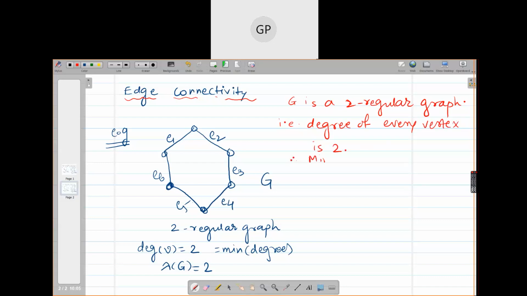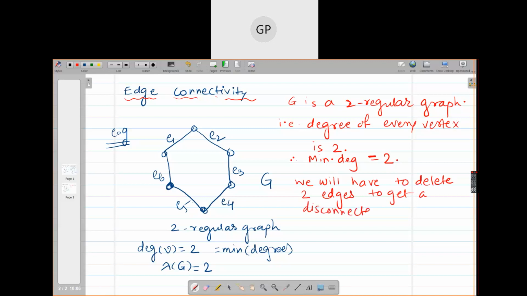Therefore, the minimum degree is also 2, right? So we will have to delete 2 edges to get a disconnected graph. For example, I am deleting E3 and E4.